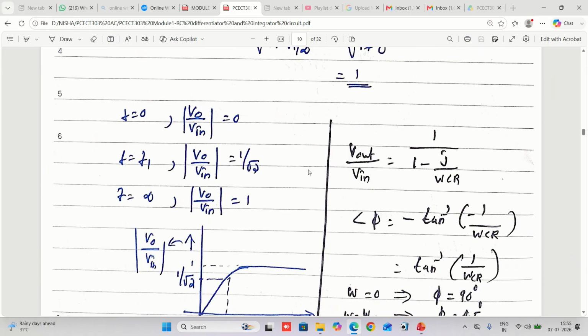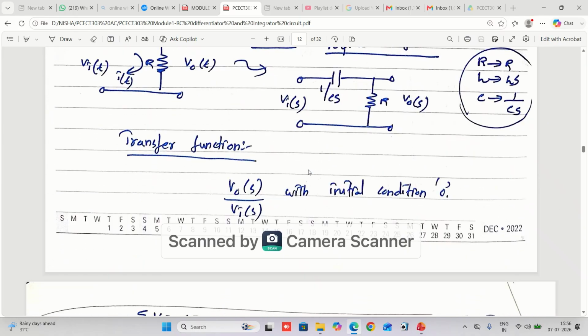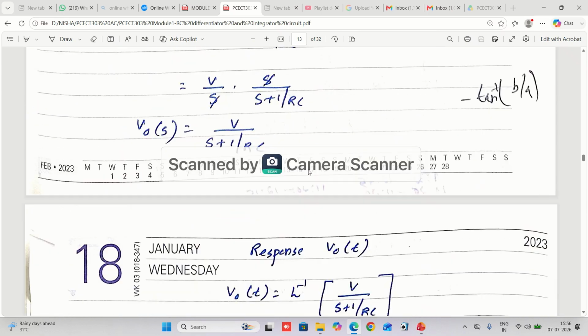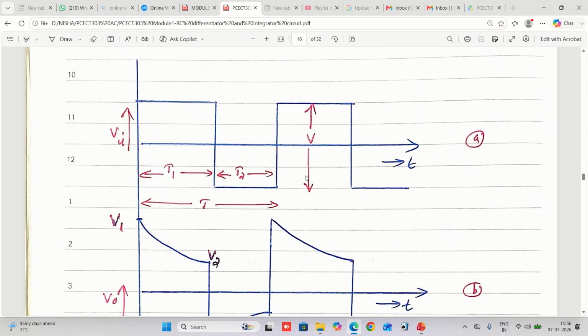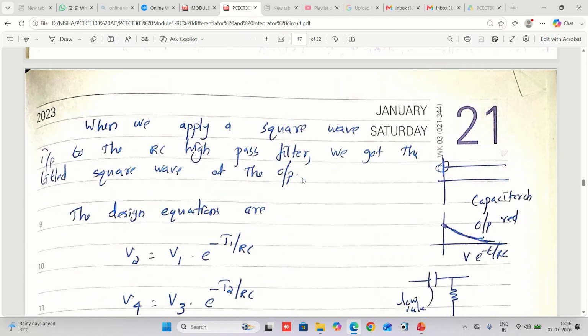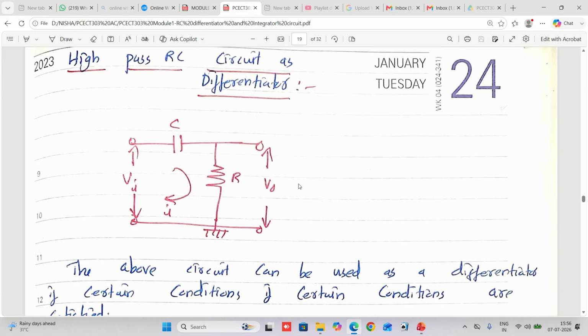Differentiator means the input is taken across the capacitor and the output is taken across the resistor end. This is the high pass circuit acting as a differentiator.